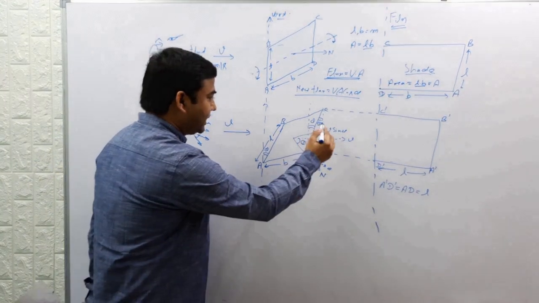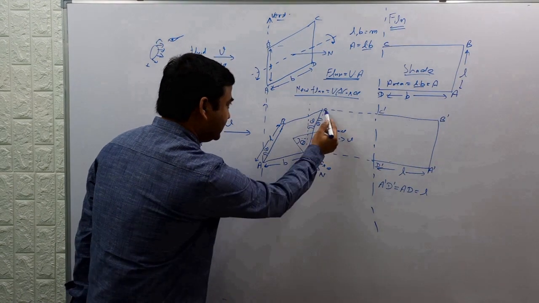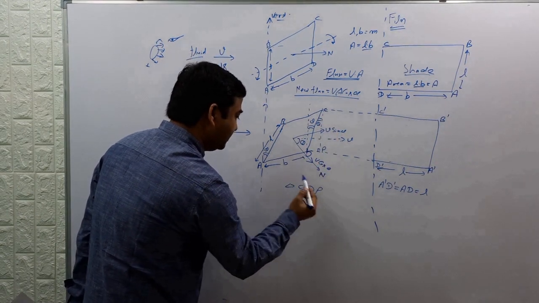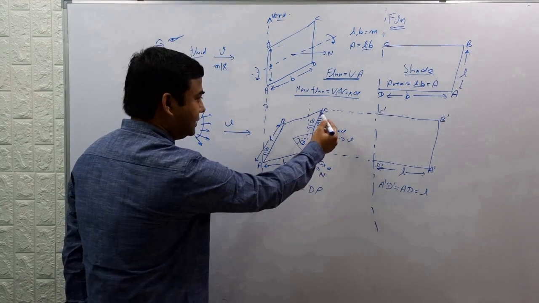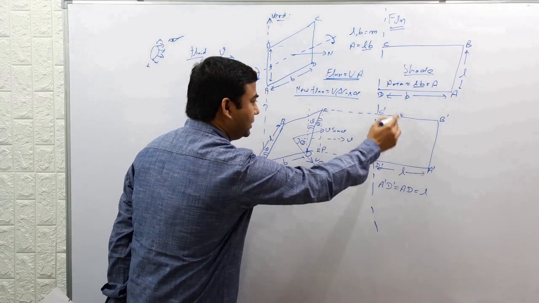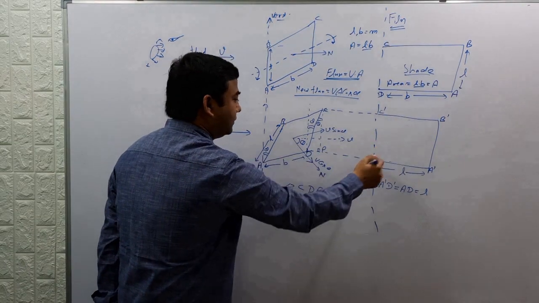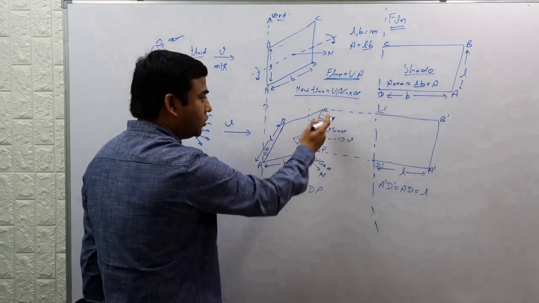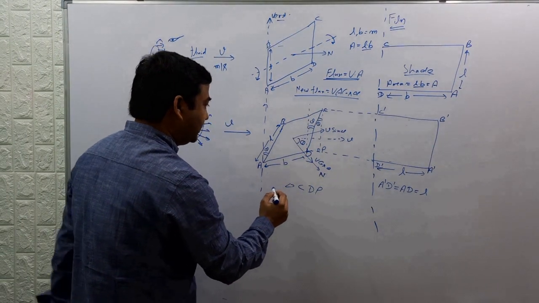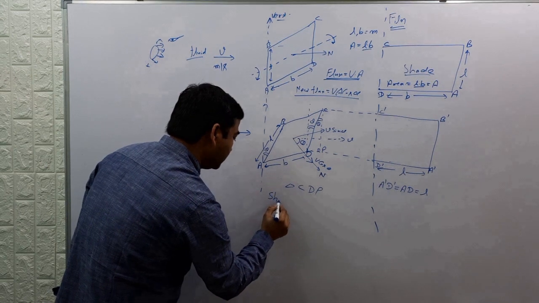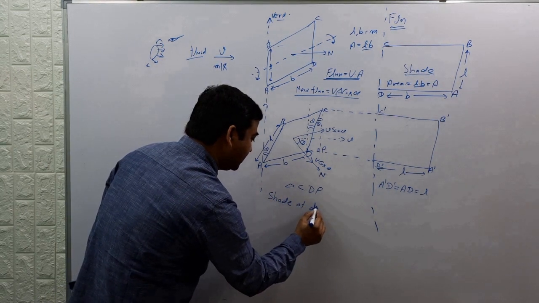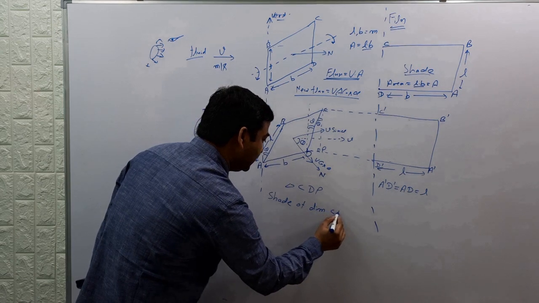So from this triangle CDP, you can see CP is the actual length of the shade of dimension CD.